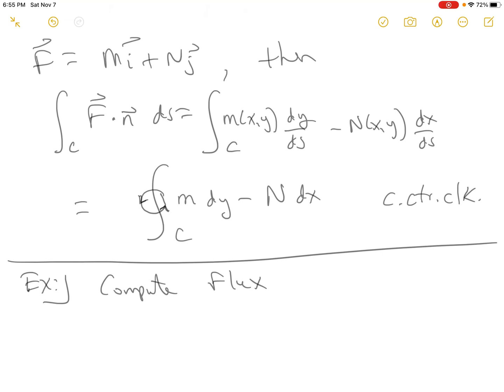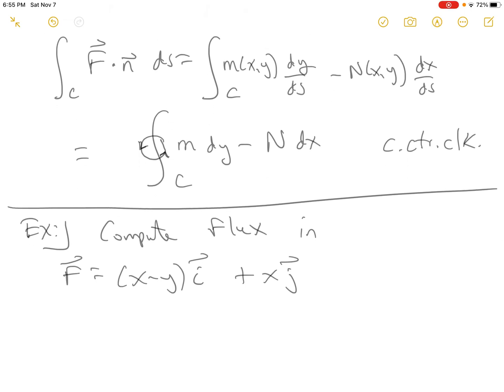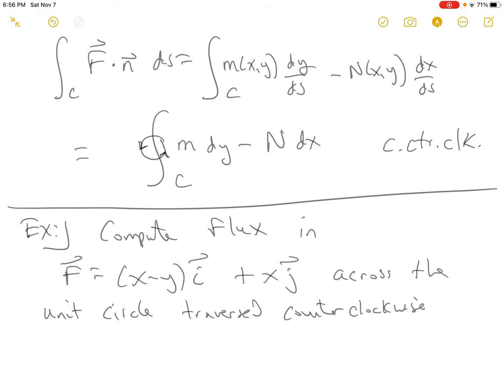So the example: compute the flux in the field F, which equals (x minus y) i plus x j, across the unit circle traversed counterclockwise.